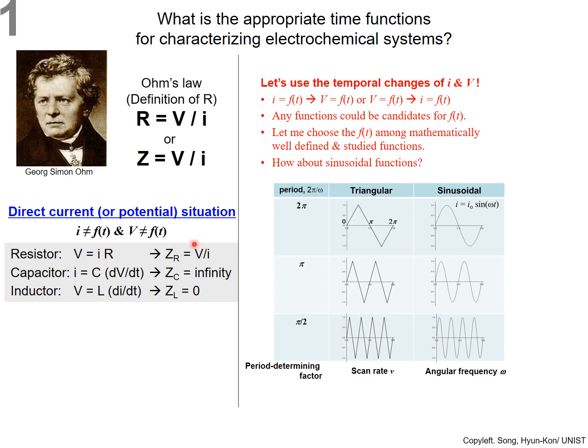So the same thing, V per I, and V per I is equal to R. So the impedance of a resistor is the resistance value, right? So for the resistor we could obtain a specific value depending on your voltage and measured current.